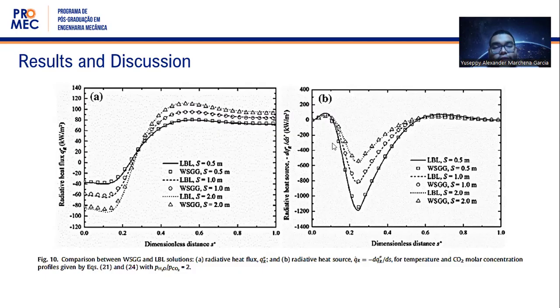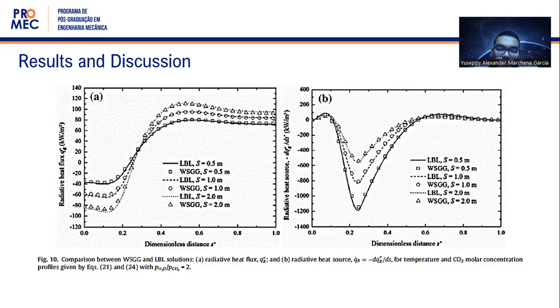So again, we can see that the L by L and WSGG methods, for all the distances S, describe the same behavior. We remember that we talked before about some symmetry when we had not changed the temperature and concentration very strongly, but now we are going to make a much stronger variation of temperature and concentration.